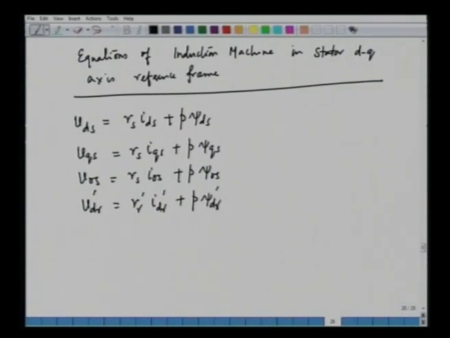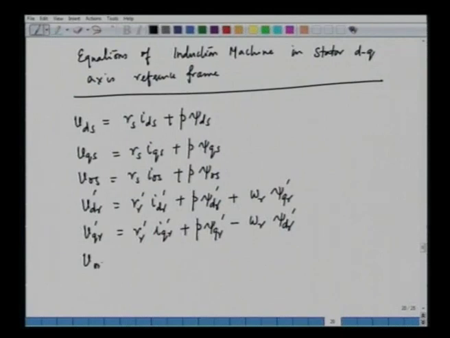All the variables are referred from the primary side, plus omega r psi QR prime, VQR prime equal to RR prime IQR prime plus P psi QR prime minus omega r psi dr prime, VOR prime is equal to RR prime IOR prime plus P psi OR prime.